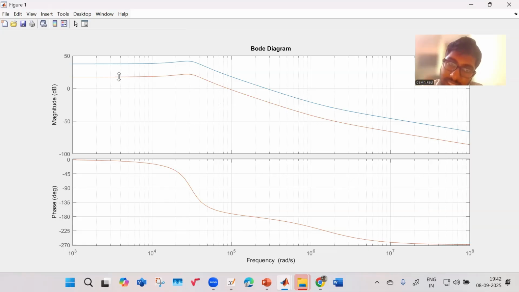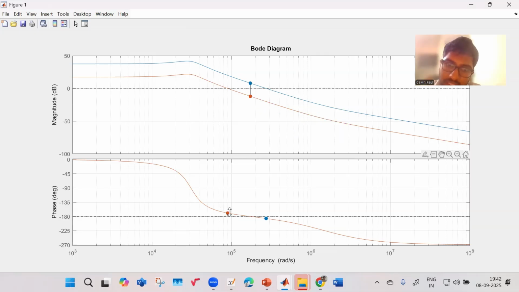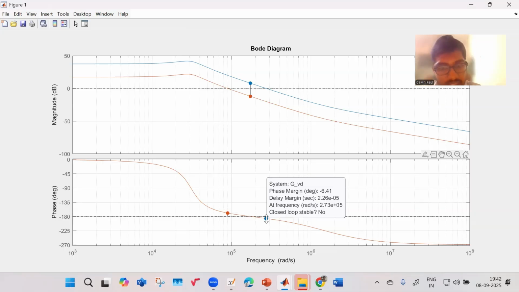But if you see, the DC gain of the second one, this orange one, is less than the DC gain of your blue one. And when you see the statistics, let me show all stability margins. You can see this one is stable, while this one is less stable. Why?